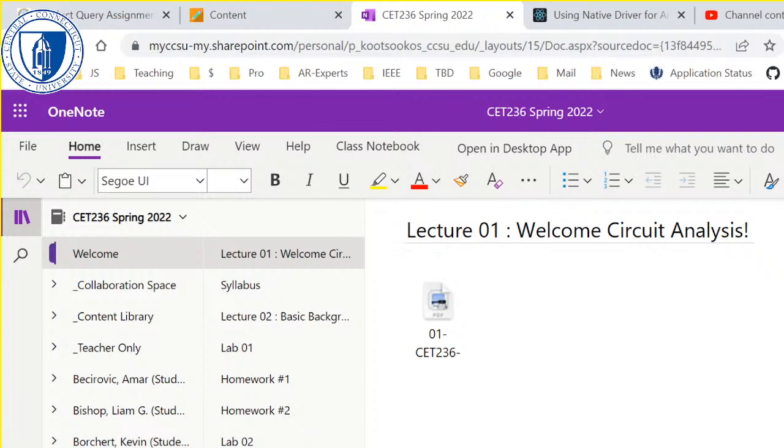Now you won't see all of this stuff, right? You'll probably only see your name here, so I can distribute something specifically to each student. The usual reason I do that is if you were asking a question via email or whatever and I wrote a note about it, I usually put the note in there.